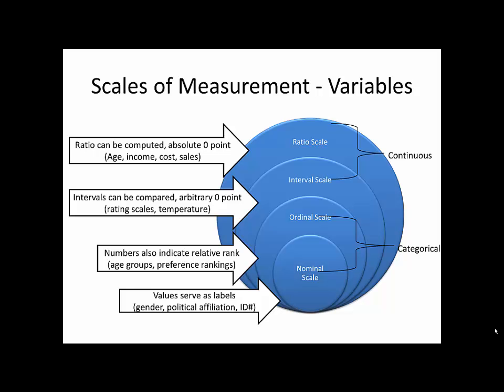Now, continuous variables are important because for t-test, ANOVA, and all your parametric tests, your dependent variable needs to be continuous. So it needs to have an interval or ratio scale. All right, that's very important. And your dependent or independent variable is generally either ordinal or nominal. Okay, categorical in nature.